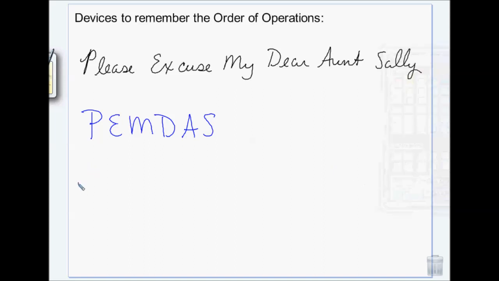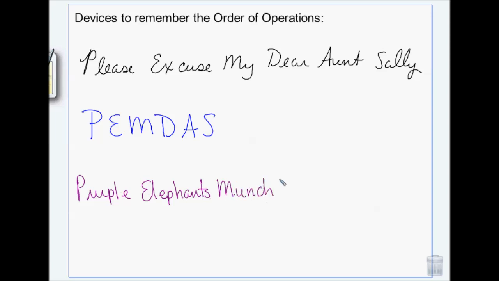They made up their own, and it was purple elephants munch daisies all Saturday. I like that one. I thought it was very clever. You can make up your own. Just something that'll help you to remember the order.